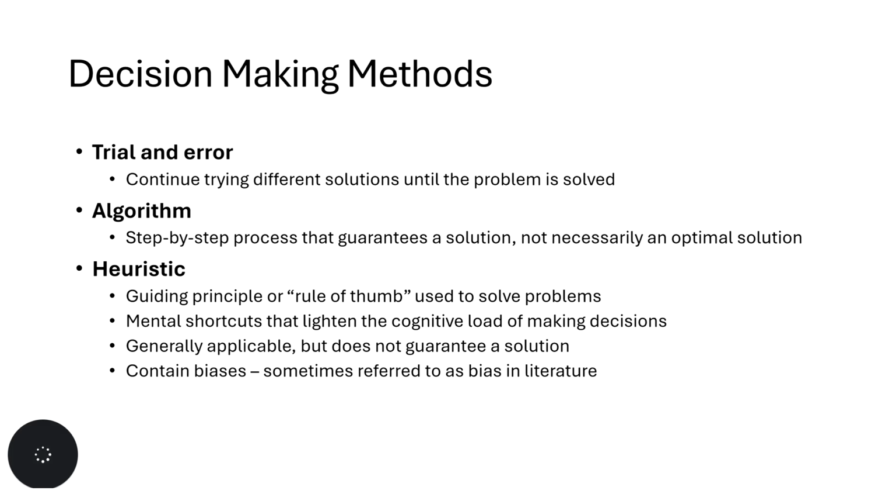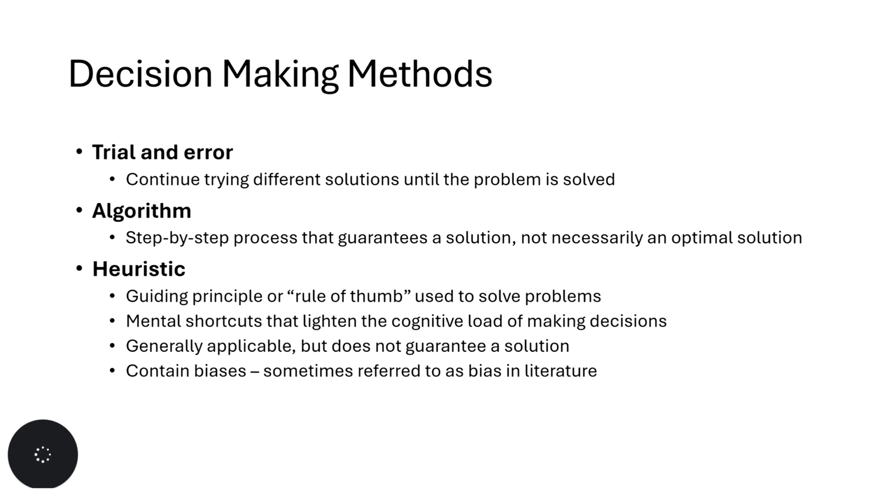optimal solution. And then the main way, and this will also be somewhat indicative of recognition-primed decision making, is heuristic decision making. So we have some kind of guiding principle or rule of thumb that is used to solve problems. These mental shortcuts, these heuristics, lighten the cognitive load of making decisions. They are generally applicable.